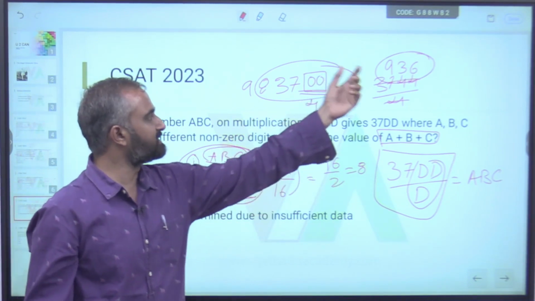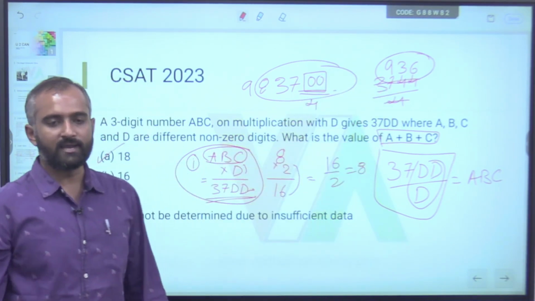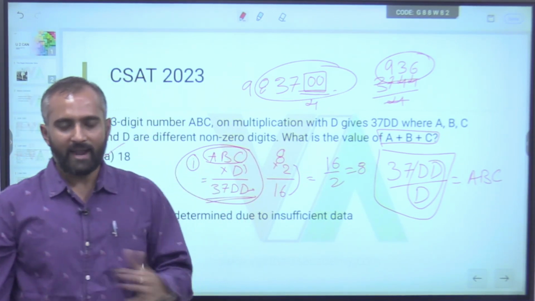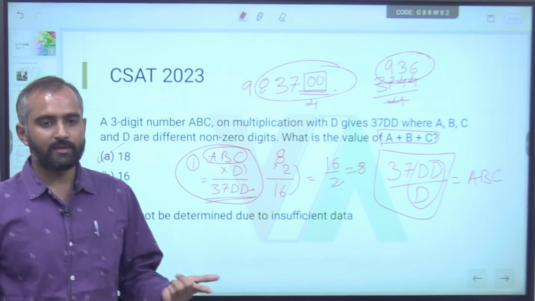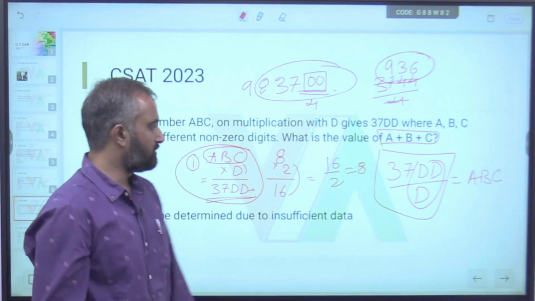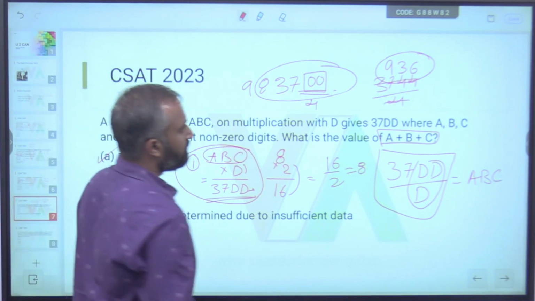If you divide by 4, you will get 936. We'll deal with any question using only 2 principles: attack point and the basics. It is that easy.